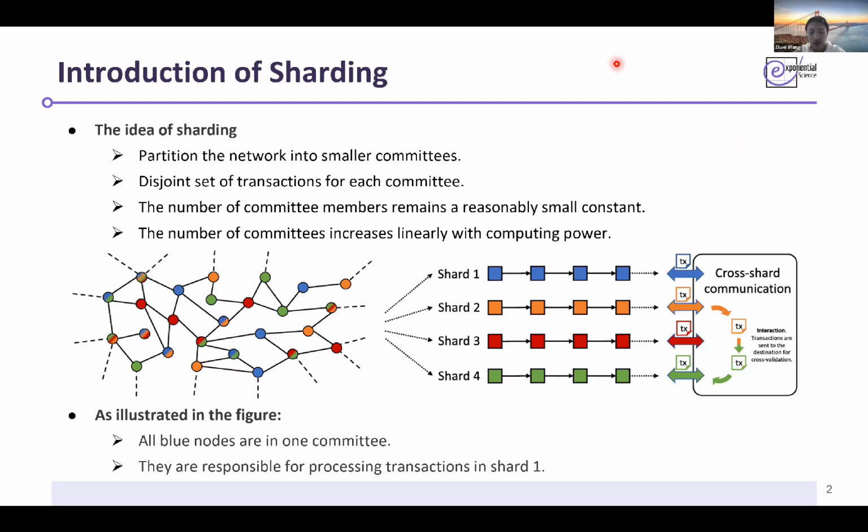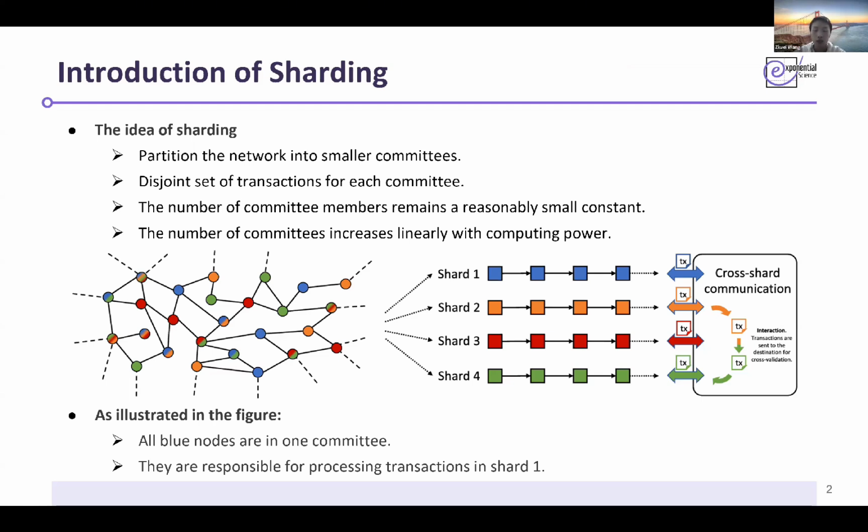Then transactions are split into non-overlapping subsets, and each committee is assigned a subset to process. This way, the communication complexity within each committee remains constant as the number of committees increases linearly with the network's computing power.